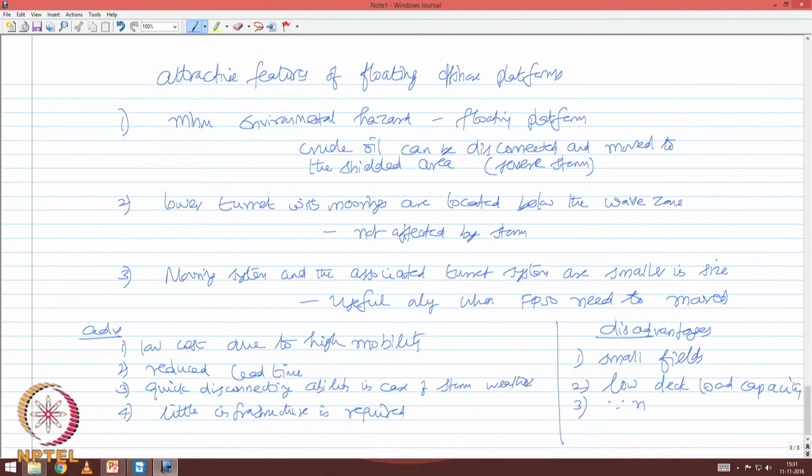Since risers are exposed, the drilling risers can be damaged by wave action. It has very little oil storage capacity.